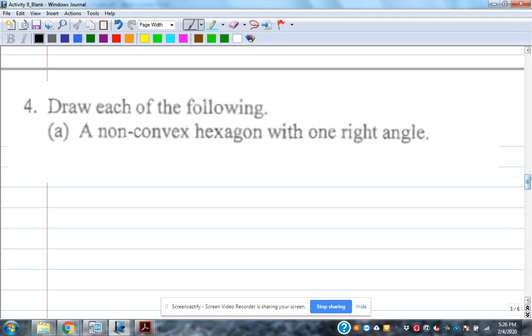And 10 sides, decagon. DEC is decagon for 10 sides. And then 11 sides we don't have a name for. There's not a prefix in the Greek language for 11. So we call it an 11gon. A 12-sided figure, you can call a 12gon or a dodecagon, it's the same.